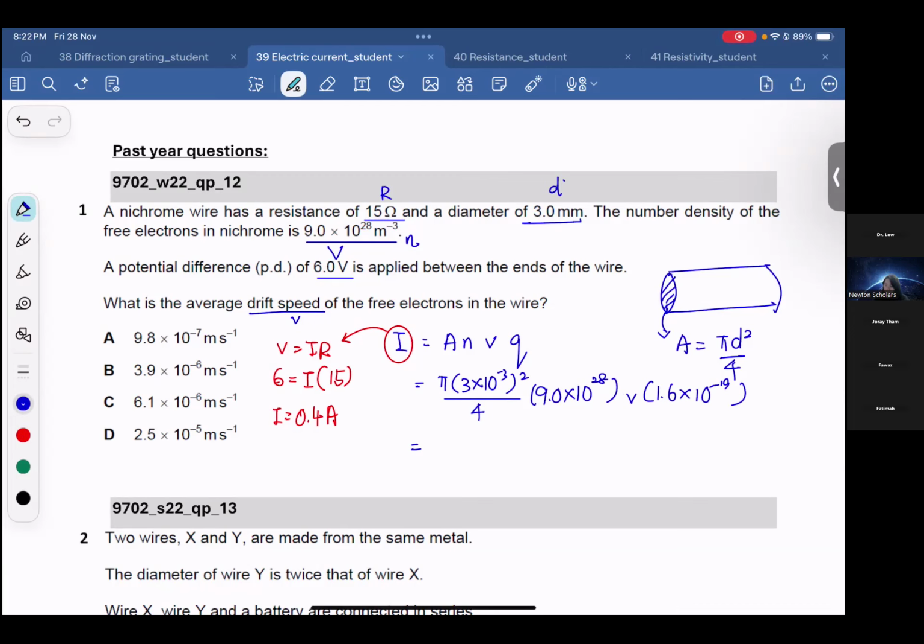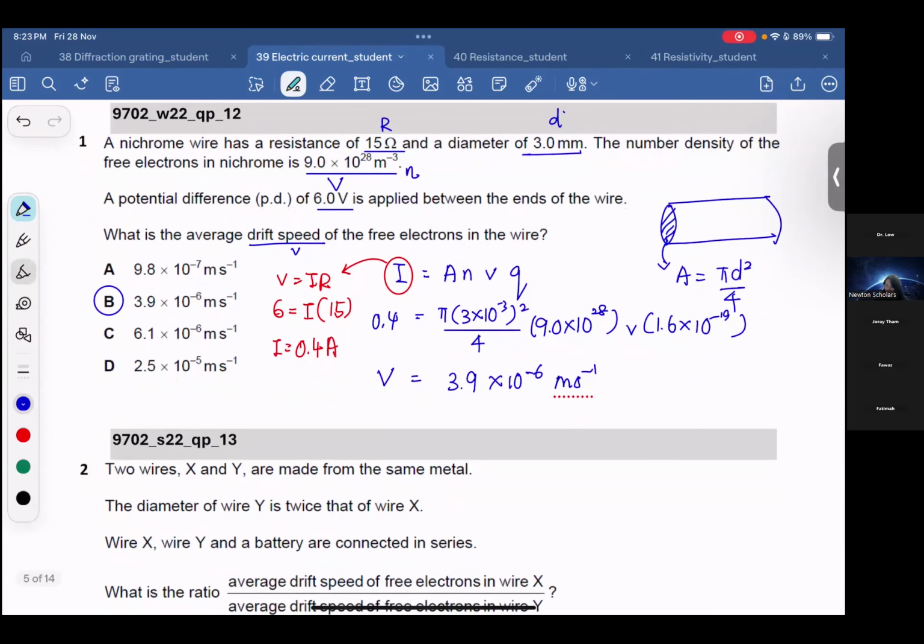Jorek correct. Okay, your answer should be B, if you do everything correctly: 3.9 times 10 power of negative 6 m s negative 1. The V, current 0.4. So boys and girls, we go to the next question.